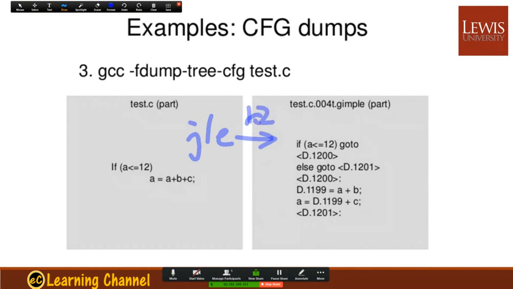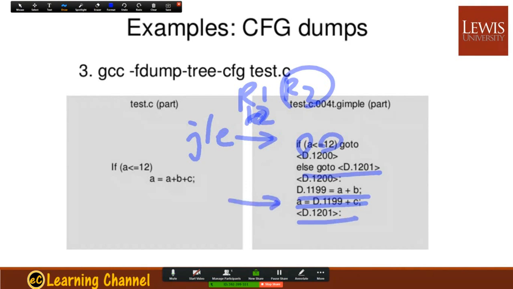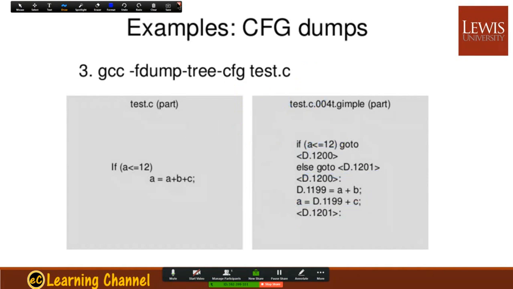You have the 12, maybe R1 or R2. R1 is A, R2 maybe is 12. And then else do something. This is more like assembly code doing assignments, so it's very ready to go into the assembly code.